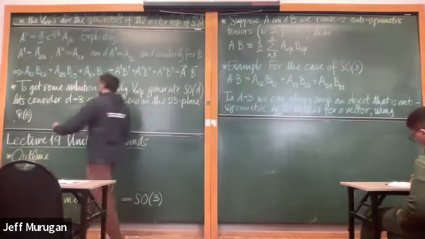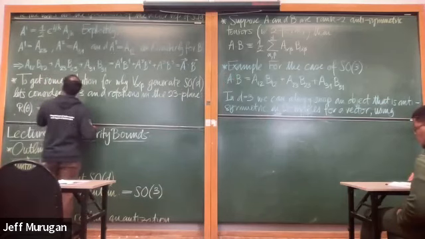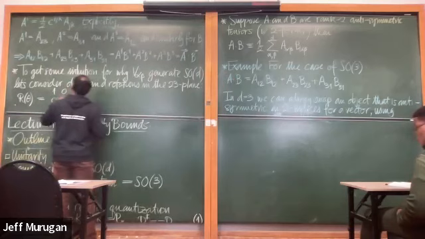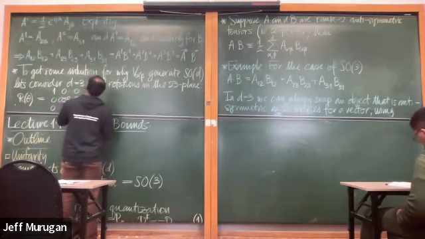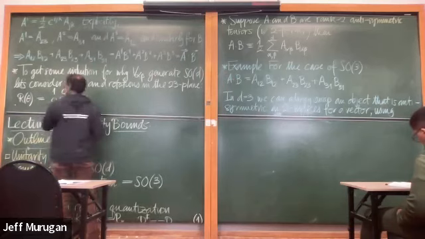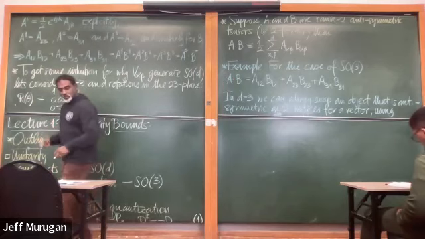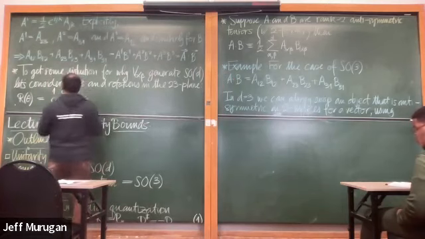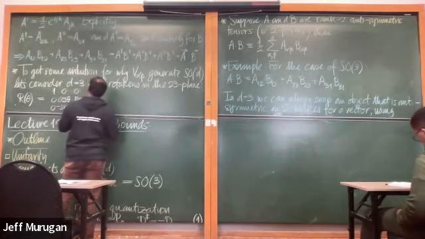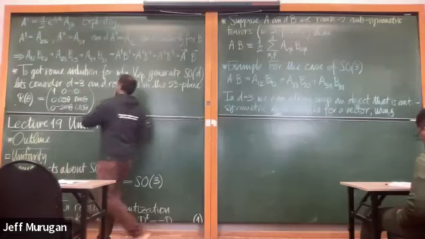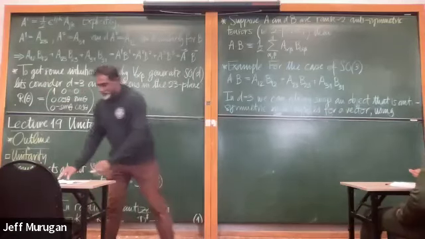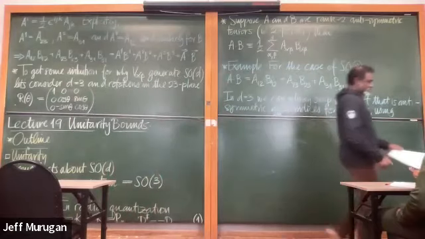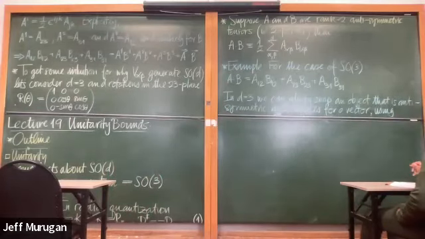This looks like 1, 0, 0; 0, cos theta, sin theta; 0, minus sin theta, cos theta. This is something that you've already seen since first year.